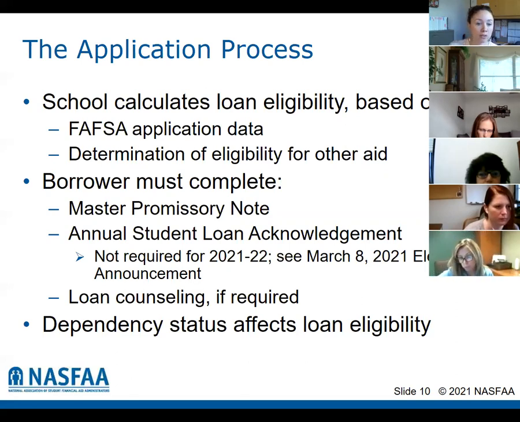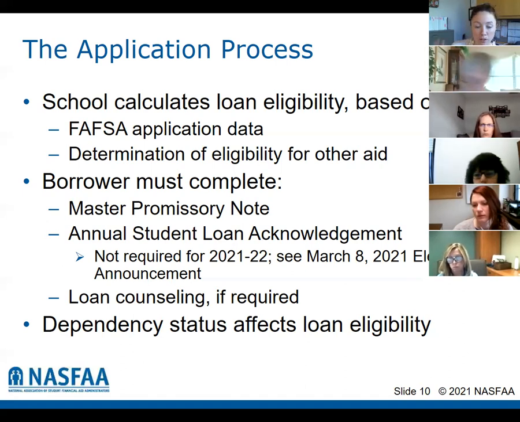The school determines how much direct loan a student is eligible for. We then inform the student through the financial aid package awarding process. We're going to tell the student, hey, you're eligible for this amount of direct loan. How much do you want? We're going to offer it to them. Then the student is going to accept that aid offer, and then the school can start the process of creating, or originating, the loan.